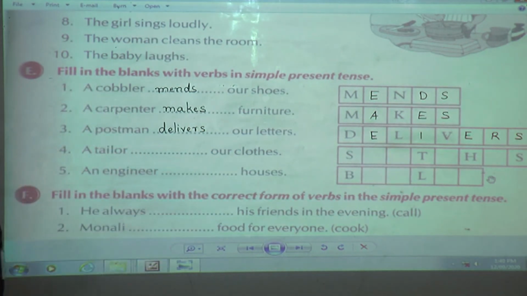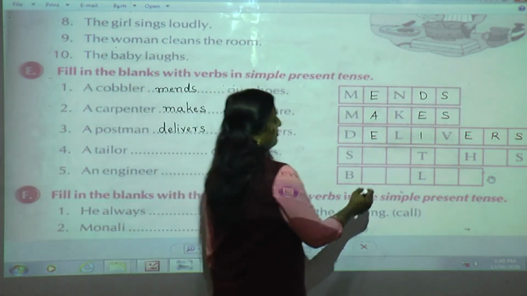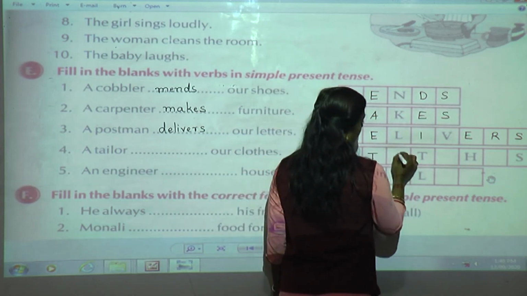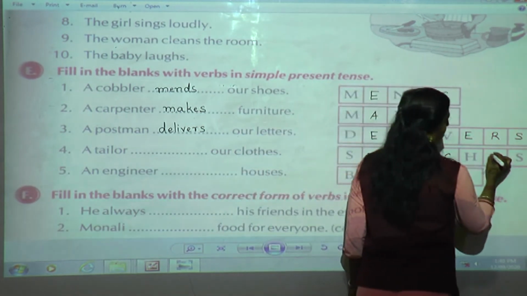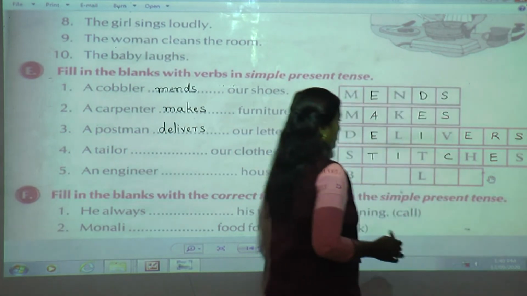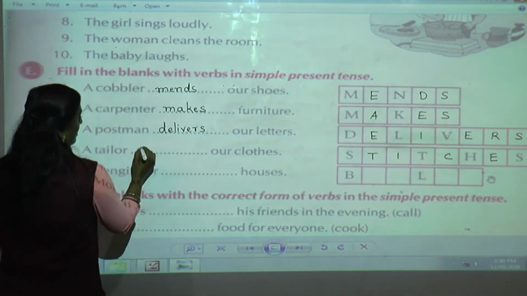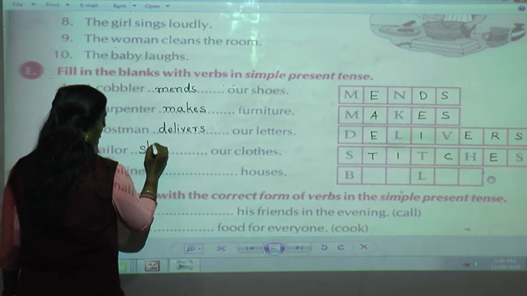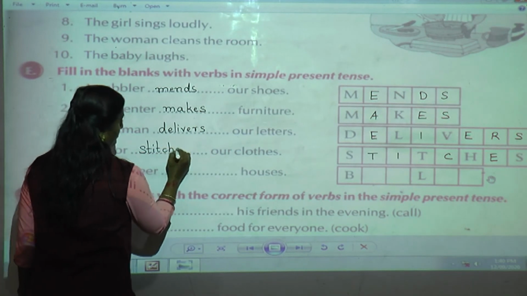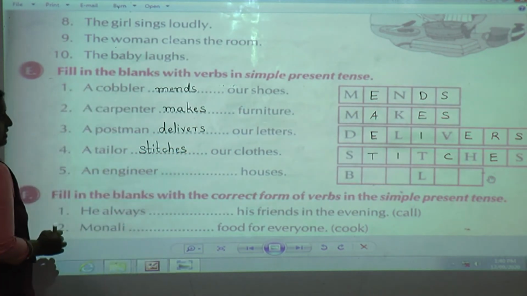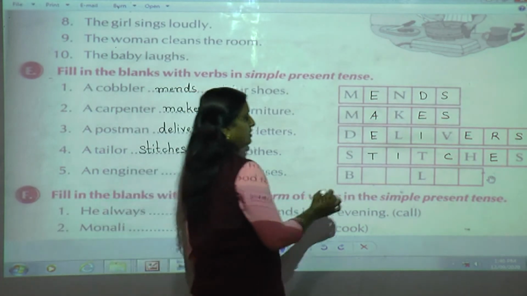A tailor, what is the duty of a tailor? Yes, stitches our clothes. A tailor stitches our clothes. Fifth, an engineer. What is the work of the engineer, students?